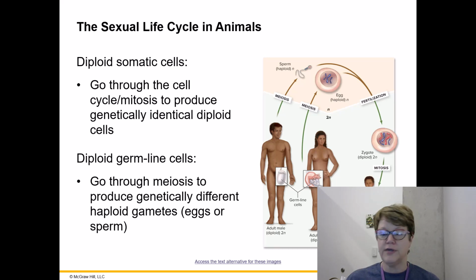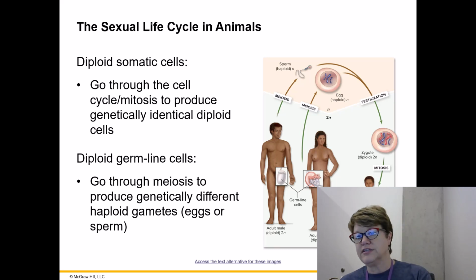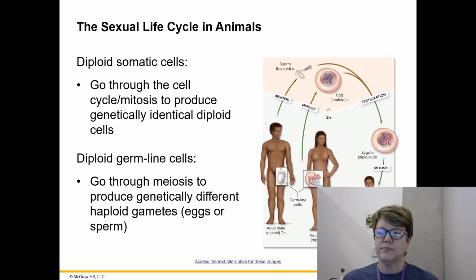Some animals do external fertilization, like fish. But in any case, when those two cells fuse, the egg and the sperm, that makes a zygote, and the zygote grows through mitosis, through the cell cycle, to form the new adult or the new individual.